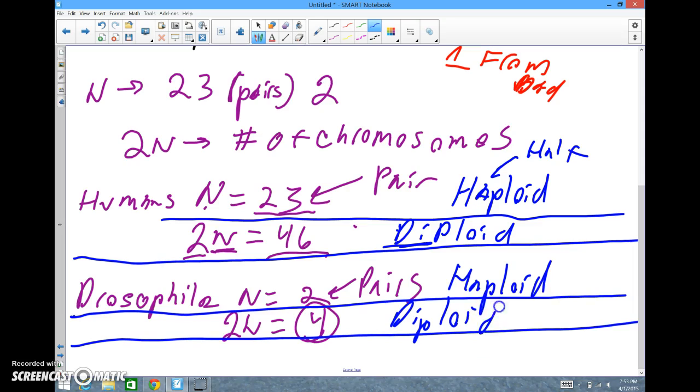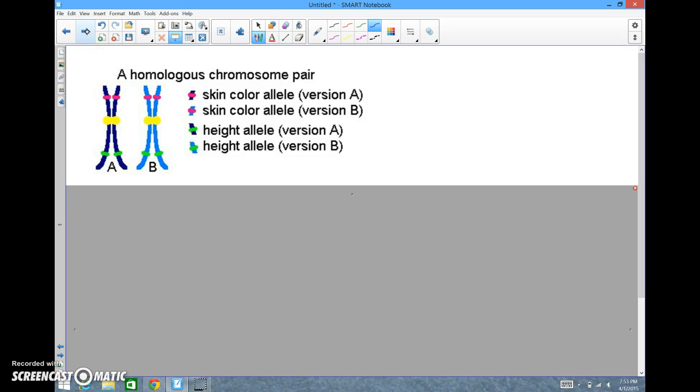So all organisms have a haploid number, which is n, and a diploid number, which is 2n. So the reason this is so important is because meiosis separates pairs.